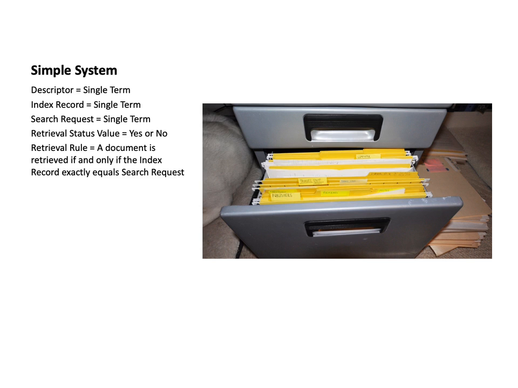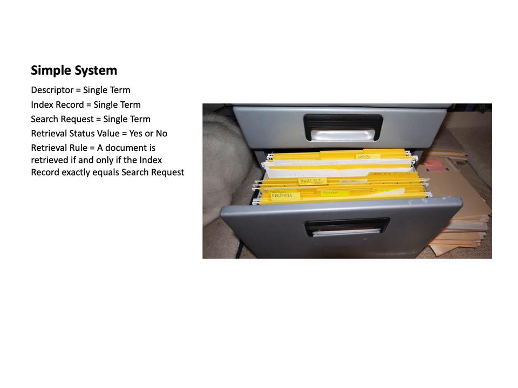If I want health insurance and there's a tab that says health insurance, yep, got it. If I'm looking for health insurance but there's no tab for health insurance, nope, didn't get it. The retrieval rule is simply that a document, in this case a file folder, is retrieved if and only if the index record, the little tab, exactly equals the search request.